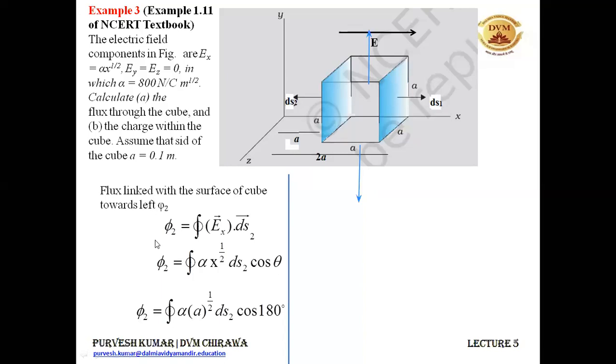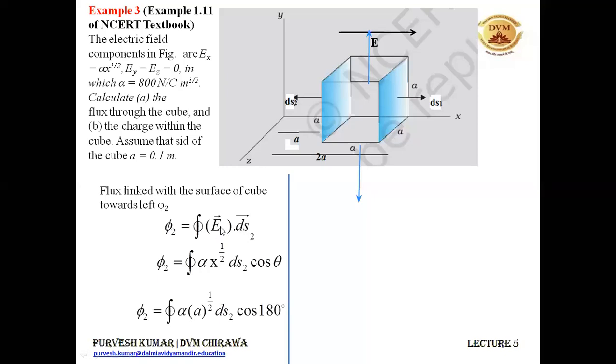See, we need to find the electric flux linked with this surface. So the electric flux linked with this surface is given by the formula Ex dot ds2, and the dot product of two vectors is given by AB cos theta.